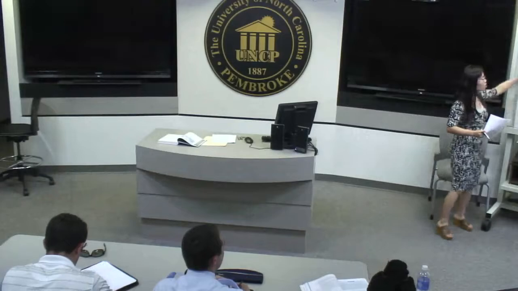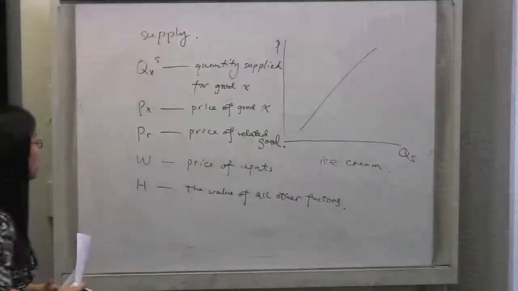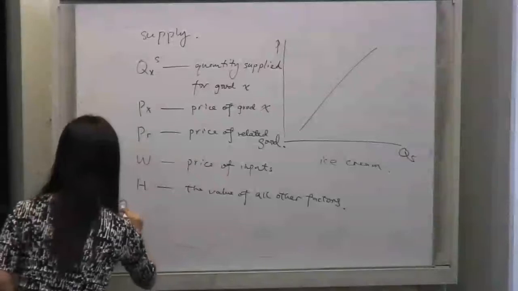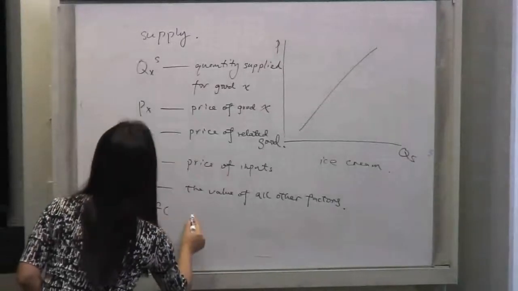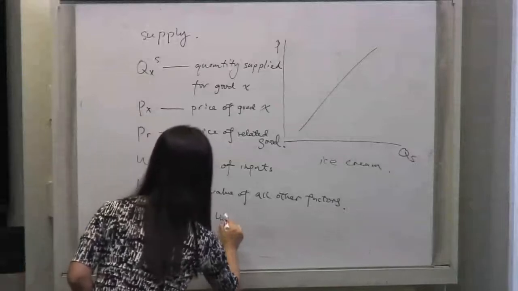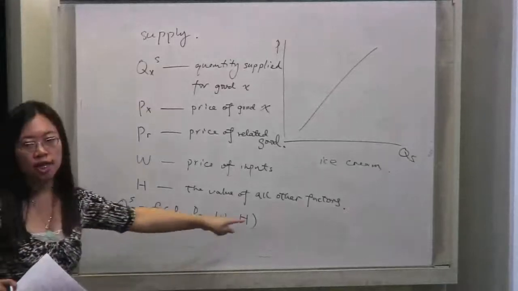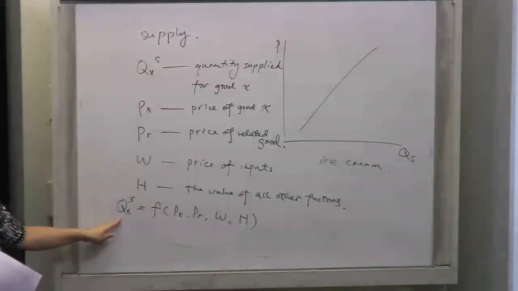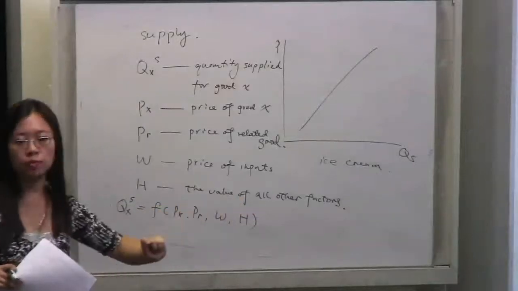So if we do not know the relationship between this one and all variables, we're going to use QXS = F(PX, PR, W, H) to represent it. What does it mean here? It means the quantity supplied is a function of all these different variables.